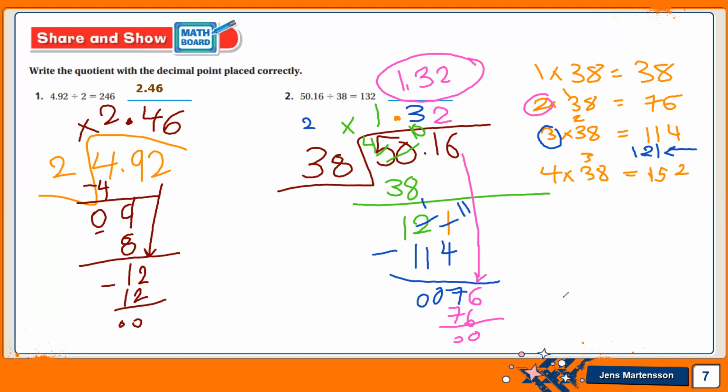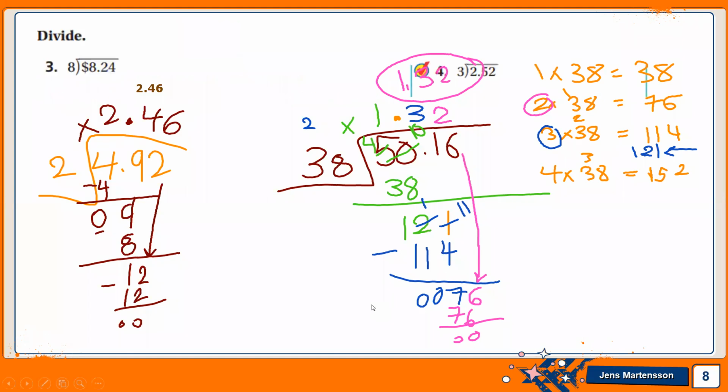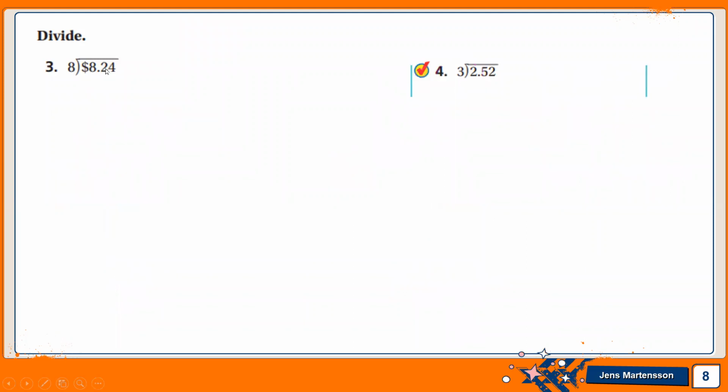Lamia? Yes, Lamia. Yeah, here. 8.24 divided by 8. Yalla, 8 divided by 8. 1. Bravo. 1 times 8, 8. 0. Yalla, then what do you have to do next?